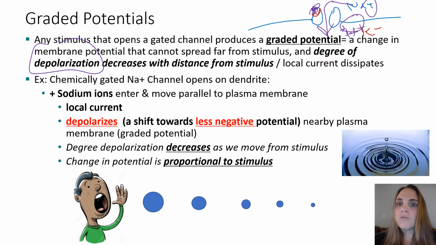But as we move further away from this gate that's opened, that degree of change in potential is going to decrease because that local current is dissipating. An example of this is our chemically gated sodium ion channels on the cell membrane.